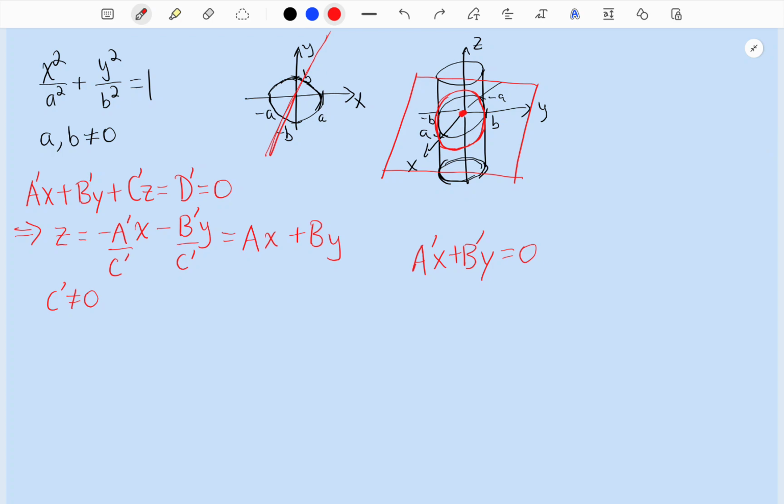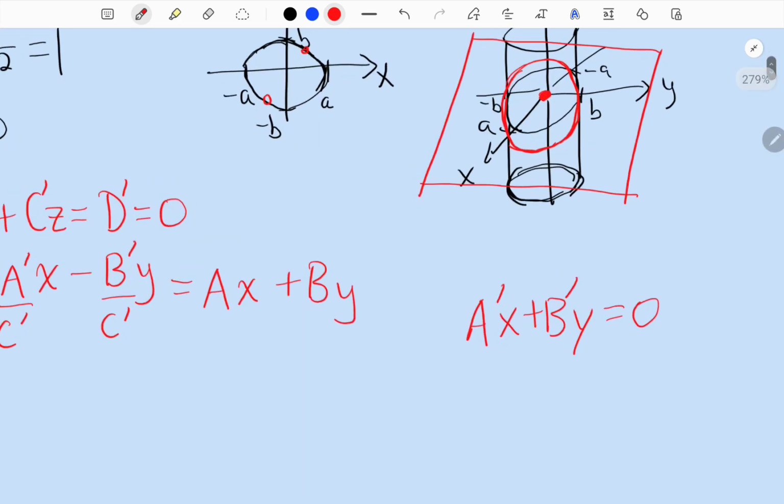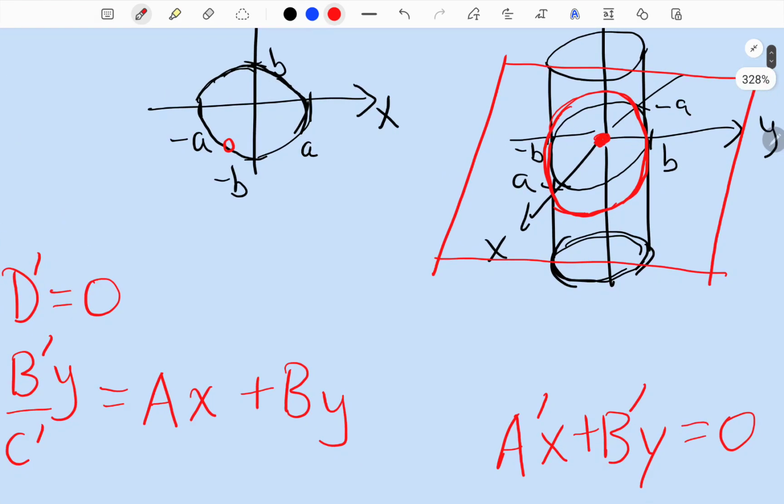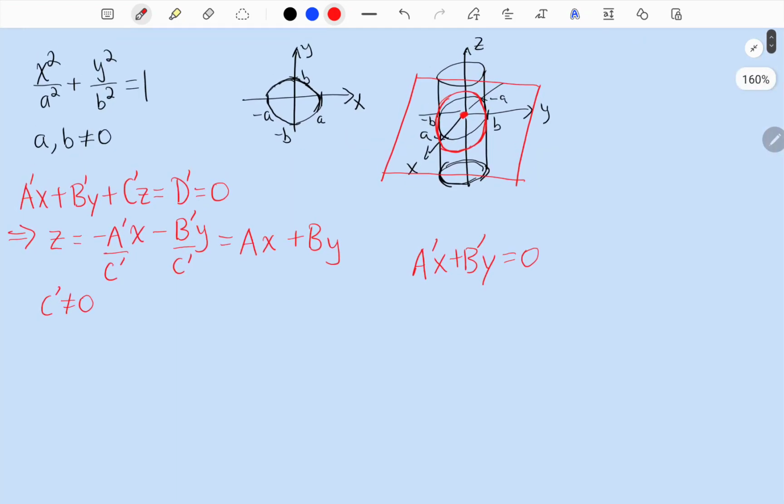So this is just a visual reason why c prime also cannot equal 0. We need to make sure that the intersection isn't just at these two points. In a 3D version, it's going to go straight up and down. You're just cutting the cylinder straight up and down. You're not going to cut across it or slice through it. So this is what we have.